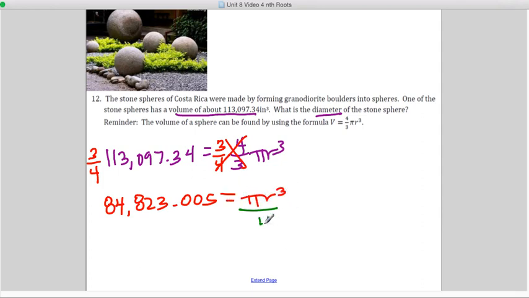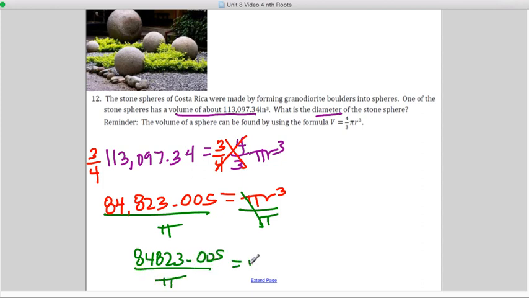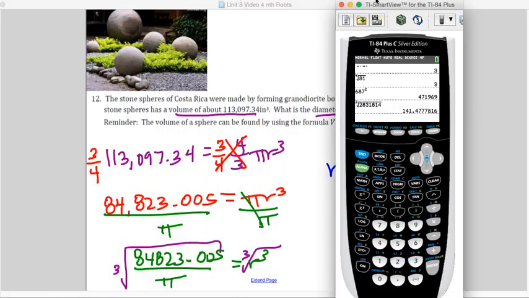Now I would divide by pi. So 84,823.005 divided by pi is equal to r cubed. And to get r by itself, I would take the cubed root. Okay, so this is where I get my calculator out to figure out what r is. It's the cubed root.